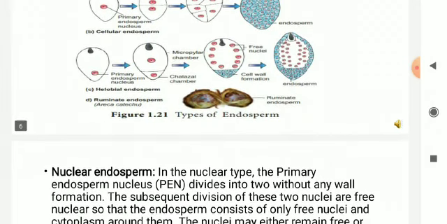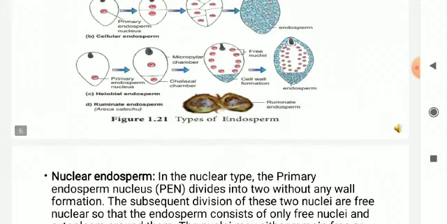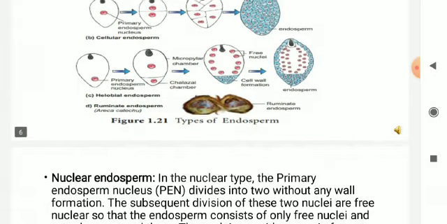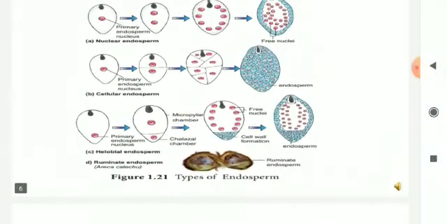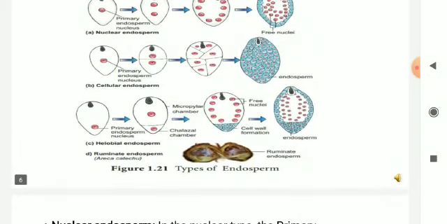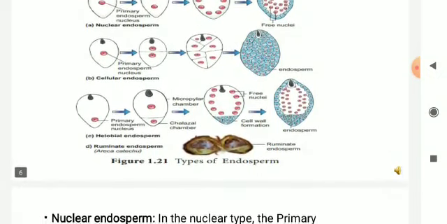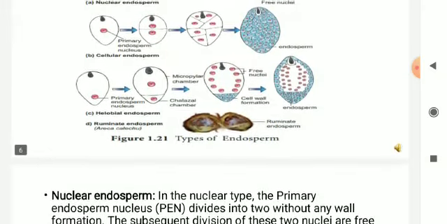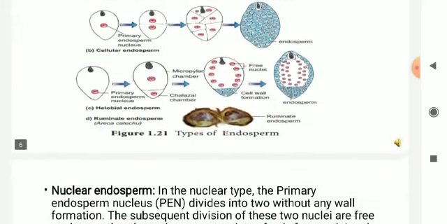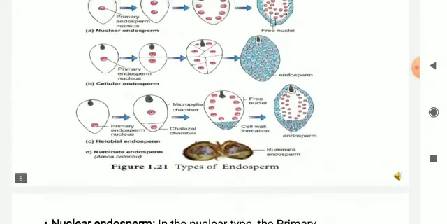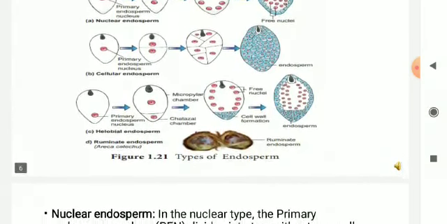Now, as is clear from the diagram, in the micropylar end there occurs free nuclear division as in the first case. Nuclei divide and redivide, but it is not followed by cytoplasmic division. Ultimately, there is formation of a large number of free nuclei, and then cytoplasmic division occurs from periphery to center, as in the case of nuclear endosperm.